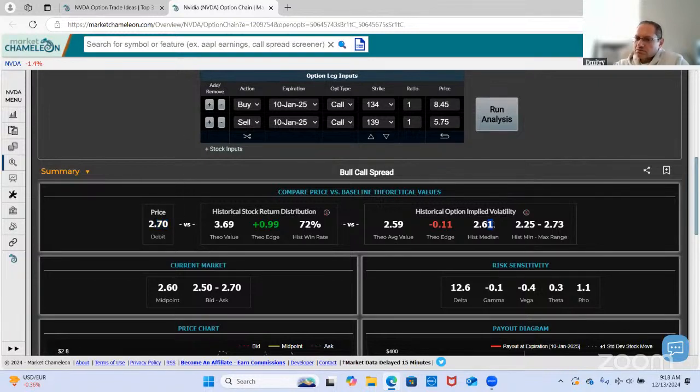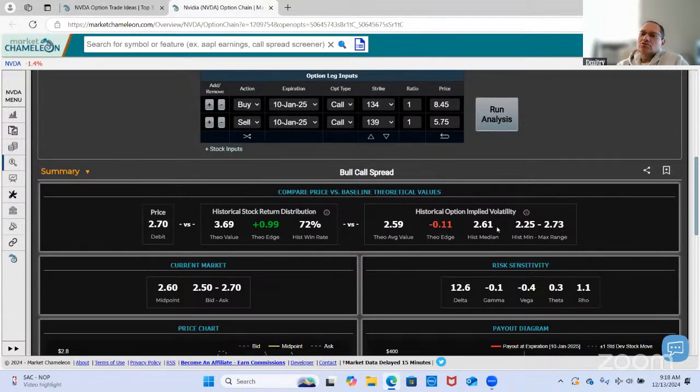The median tells us, okay, if we looked at all our observations, using the historical implied volatilities, and split them in half and said, find me the price where half of the observations were above, half were below, what would this value be?